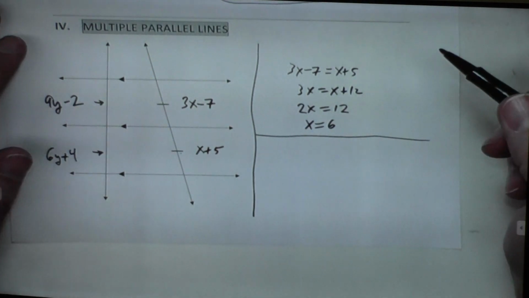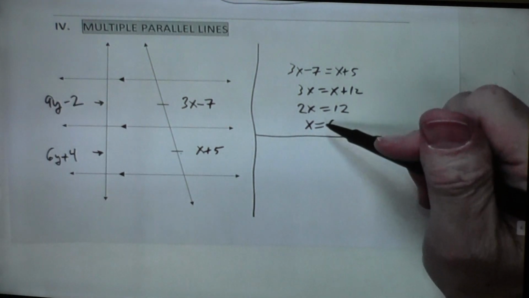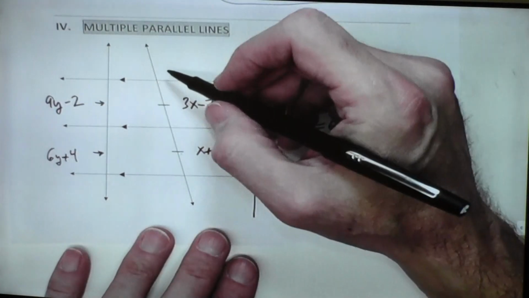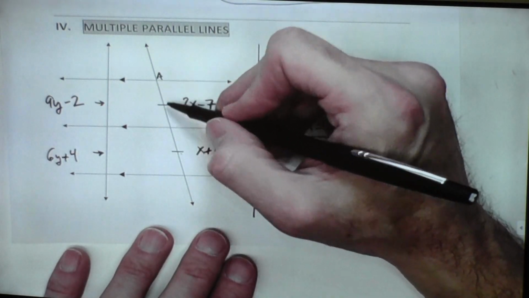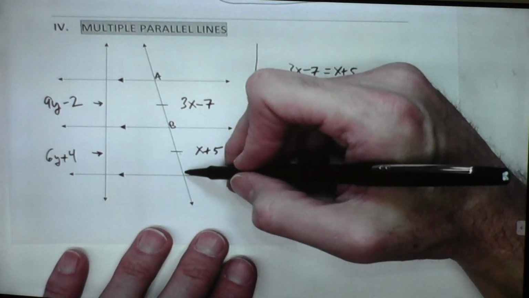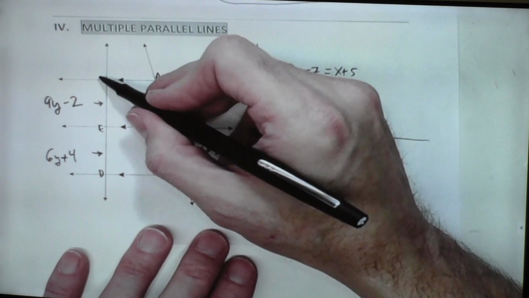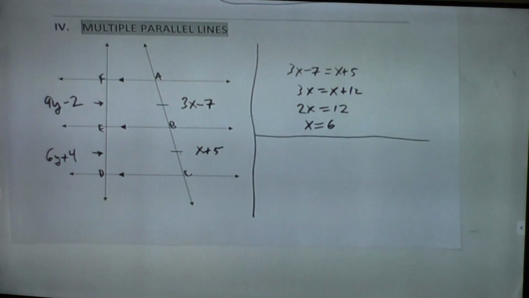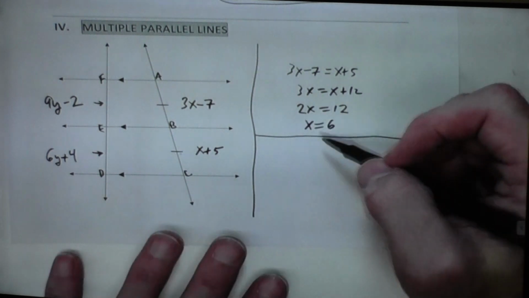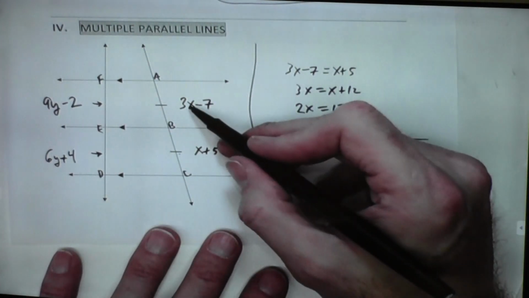Now, if I ask you to solve for x, you're done. If instead I asked, say I lettered these, say that's A and that's B, call that C, and I'll call this one D, E, and F, just for the fun of it. If I asked you what's the actual length of A to B, then you'd have to put the 6 in here and do 18.